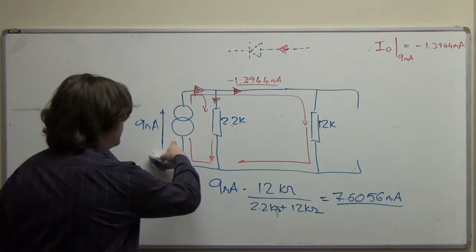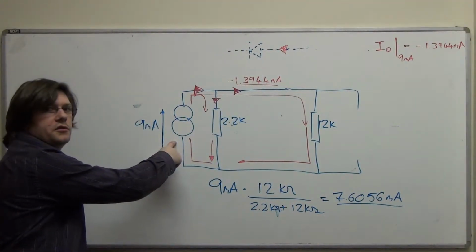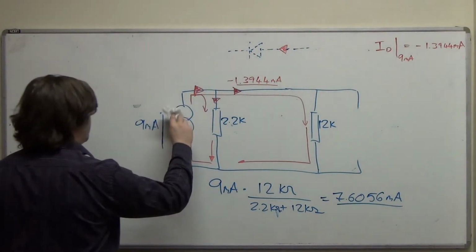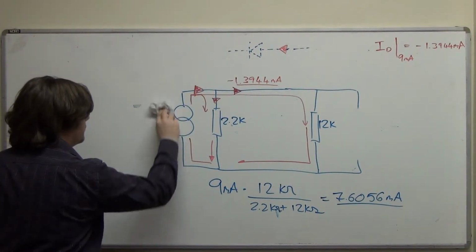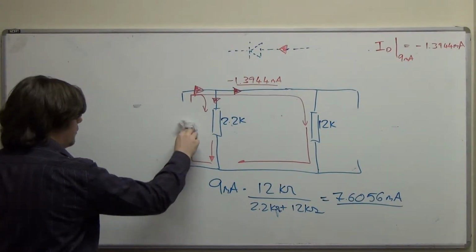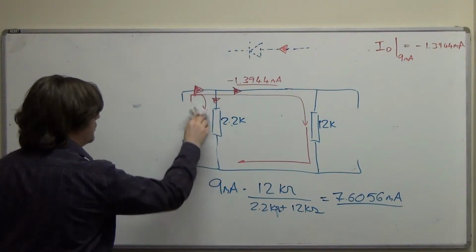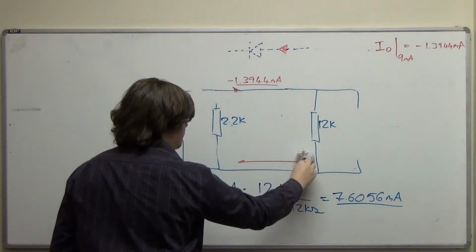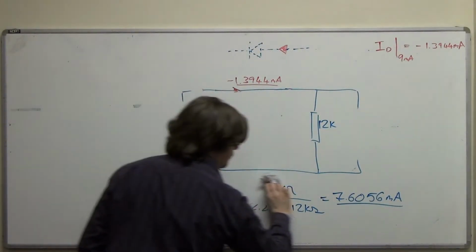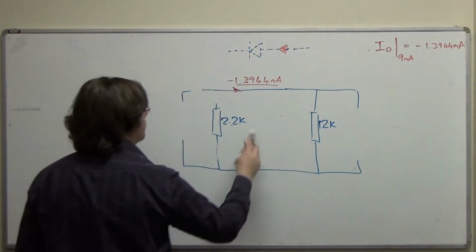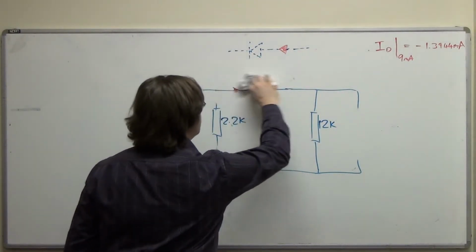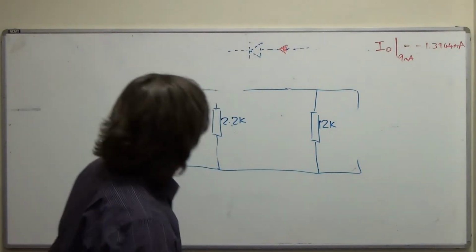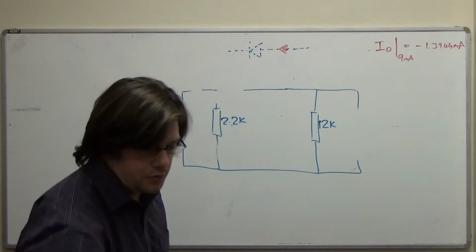So I know that when I switch this off, it will go open circuit because it's got infinite internal impedance. So I know it's going away, so I can rub it out now, and I can get rid of all these current lines as well. And we'll do the other current source next, I think.